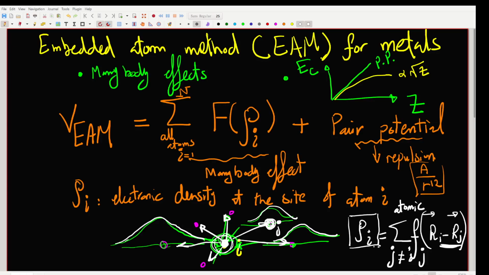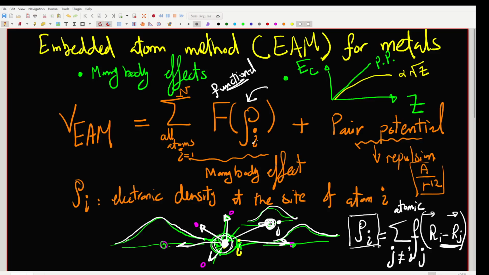Is that the end of the story? No. You plug in this electronic density for each atom I into some functional. And as we said, a functional is where your input is not a number, instead it is a function, right? And you get a number as an output for that. So that's the functional F here, okay?